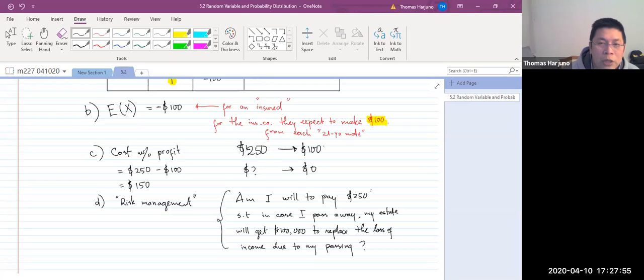So using that as a number, I will buy a policy that will cover my family, in case of my passing, so that they will get $400,000 if I pass away. I hope you see my point of view.